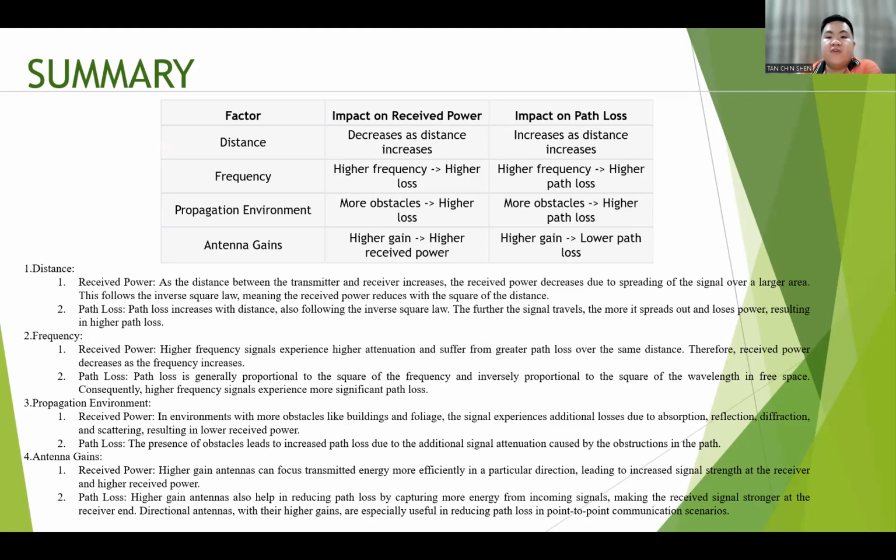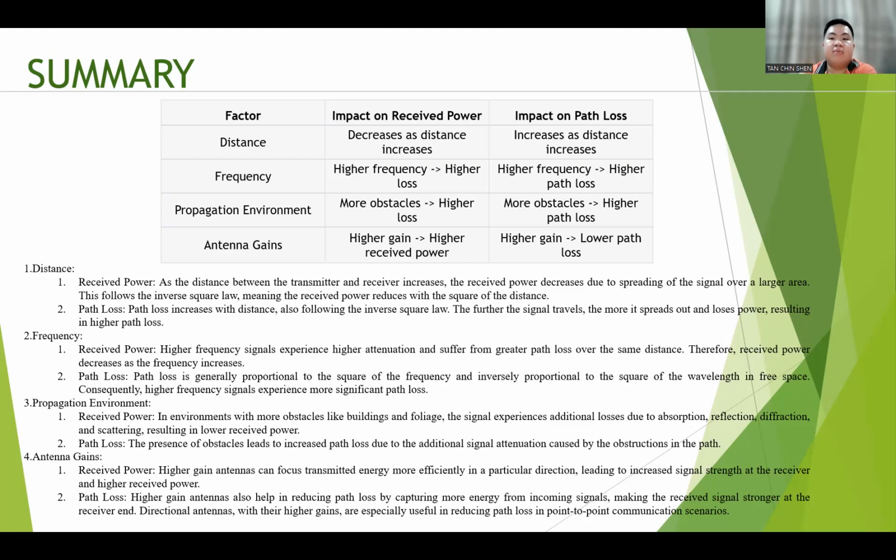The impact of propagation environment on path loss is the same: more obstacles, then higher path loss. Then the last one is antenna gains. If the antenna gain is high, then the receive power will be higher. But if the antenna gain is high, then the path loss will be low.